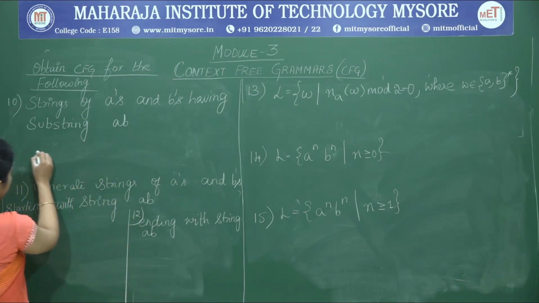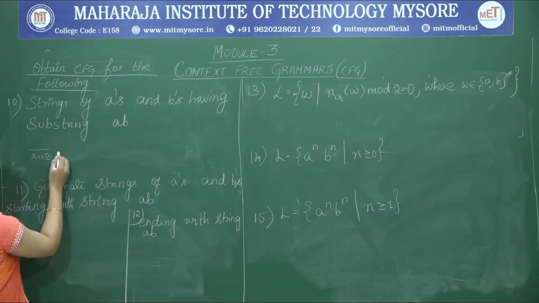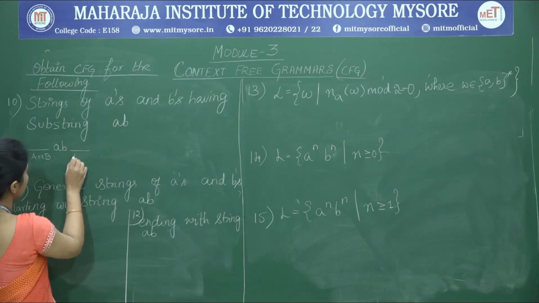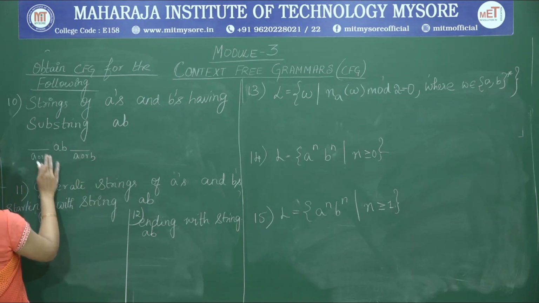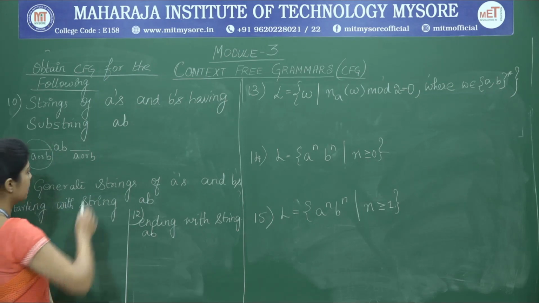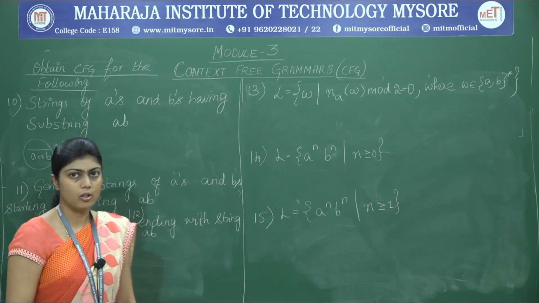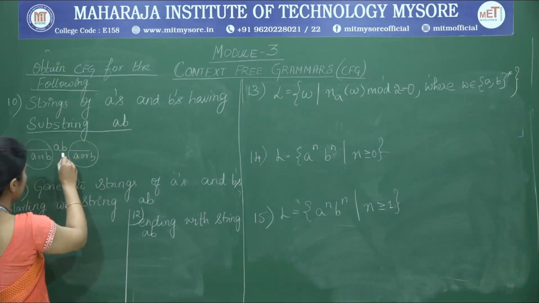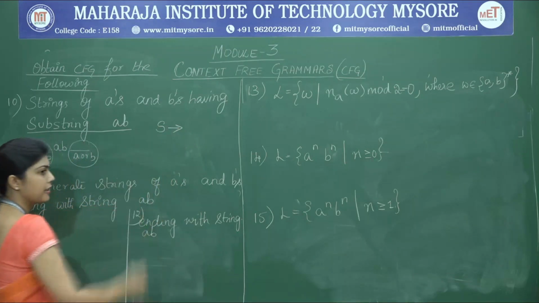So you can have any symbols A or B, but it should somewhere have an AB in between, and then here it can either have A or B. So this is the placeholder where it can have A's or B's, and this is also a placeholder where it can have A's or B's in any number, any order, but somewhere in between it should have the substring which is nothing but AB.